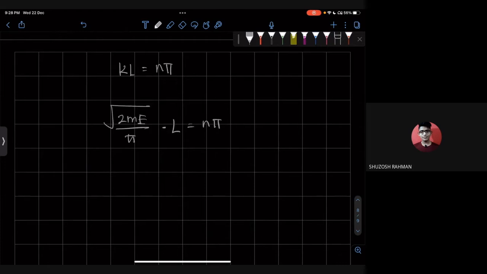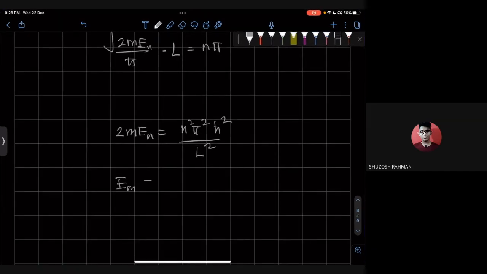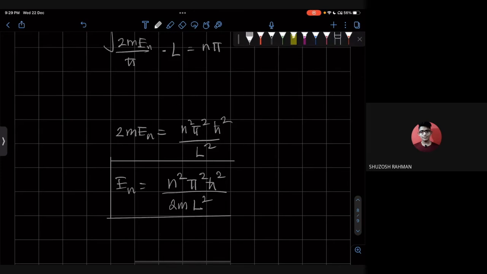If I square both sides, and call this E_n, I get 2mE_n equals n squared pi squared h bar squared divided by L squared. So E_n is n squared pi squared h bar squared divided by 2mL squared. This is my energy, the eigenvalues for n equals 1, 2, 3, 4, and so on.